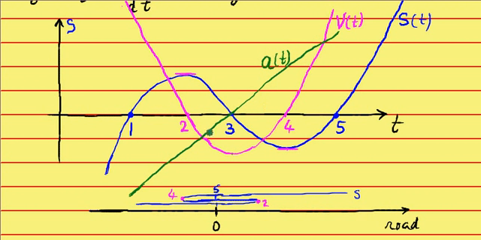Here acceleration is negative. That means velocity is dropping, and this particle, to make a simple example, if it were a car, perhaps you're putting on a brake.